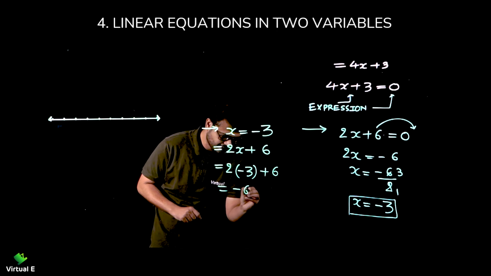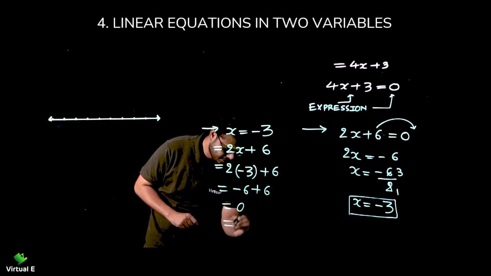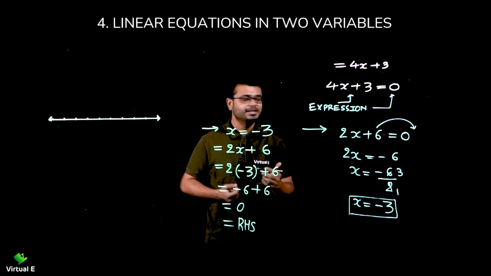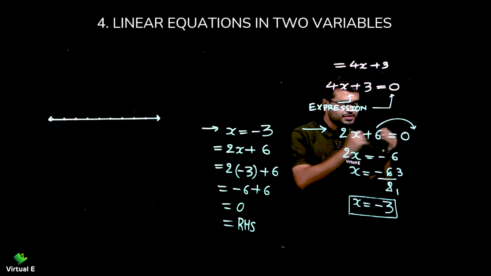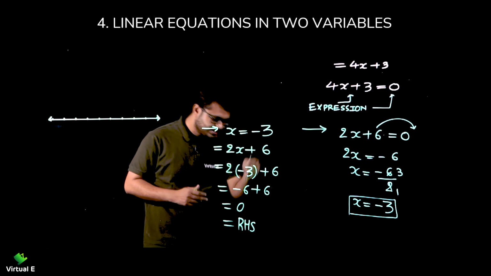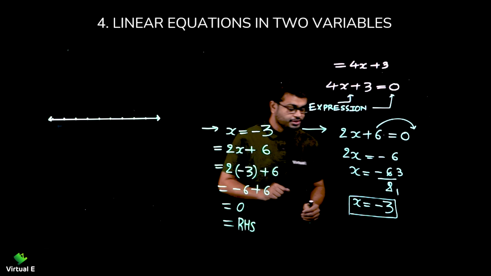So minus 6 plus 6 is equal to 0, which is equal to the RHS, right? Then see over here, what we started with, this equation 2x plus 6 is equal to 0, and the same we are getting here as well. So this is the meaning of the solution, right?